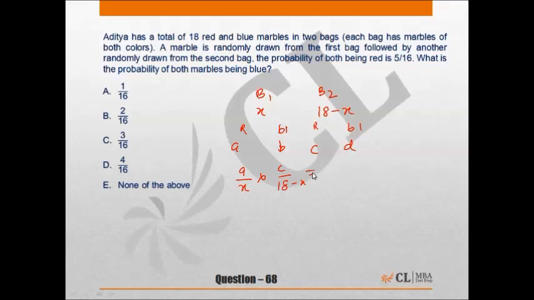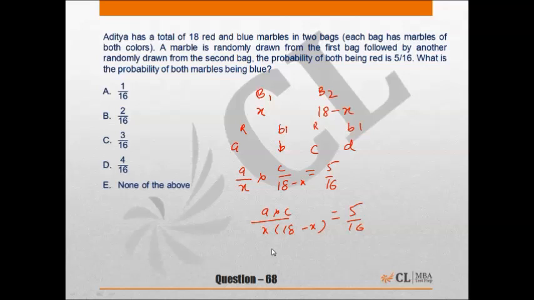The probability of both balls is A upon X into C upon 18 minus X. It is given as 5 by 16. So from here we get A cross C upon X into 18 minus X equals 5 by 16.